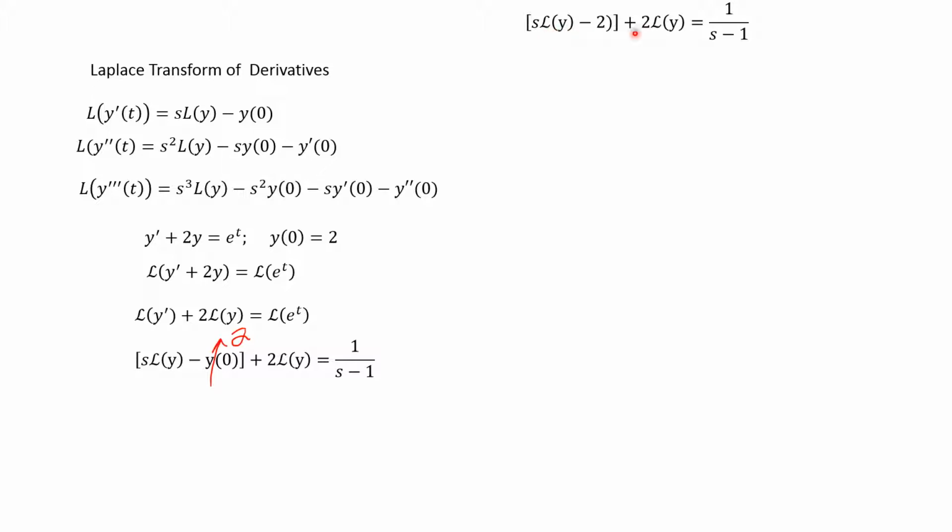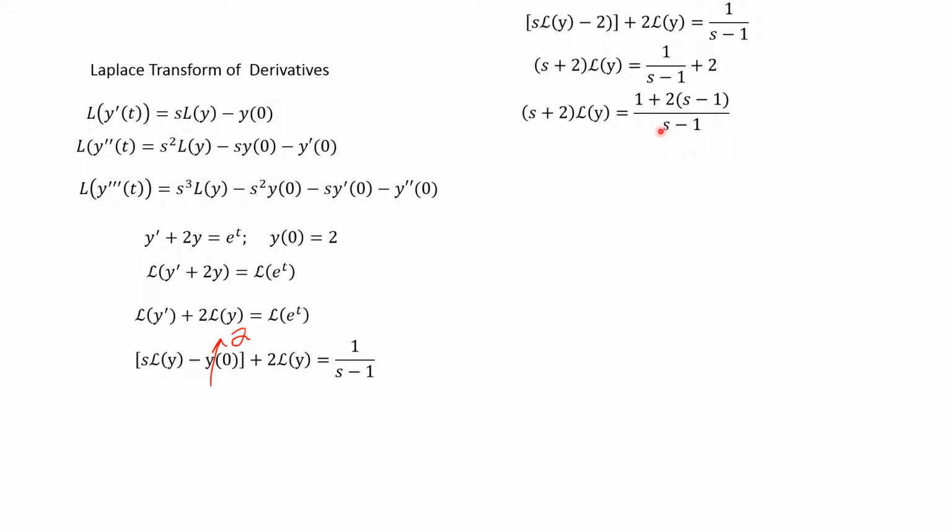Combine this s L of y and 2 L of y. Factor the L of y, you'll get s plus 2 times L of y, and then transfer the 2 to the right, that is 1 over s minus 1 plus 2. Then combine the right side here.